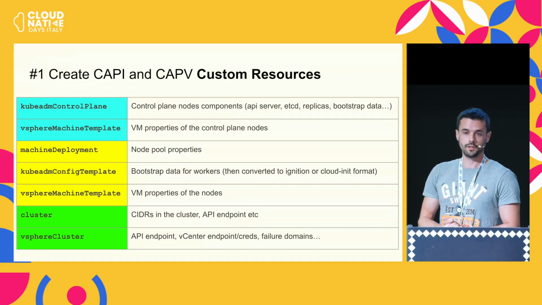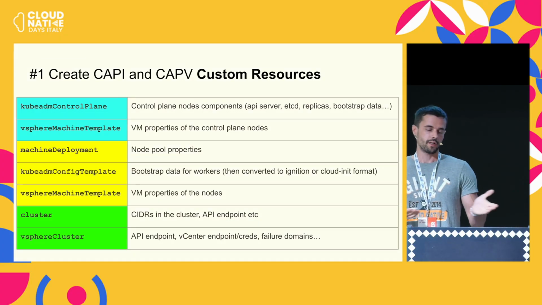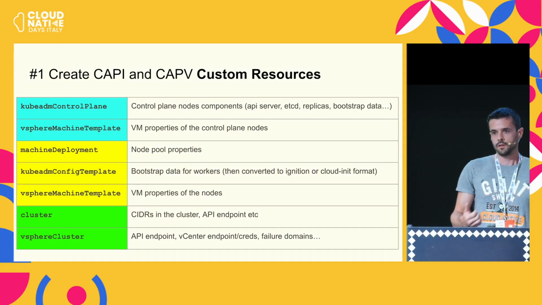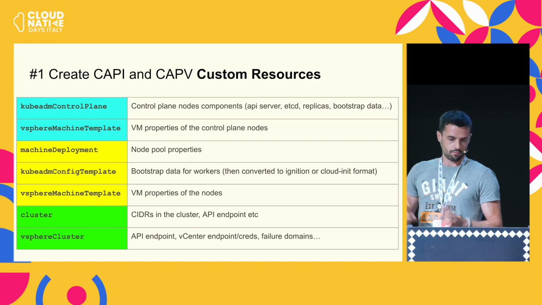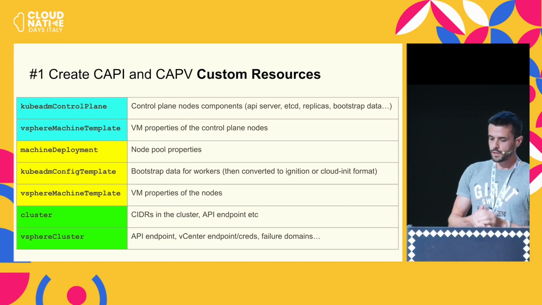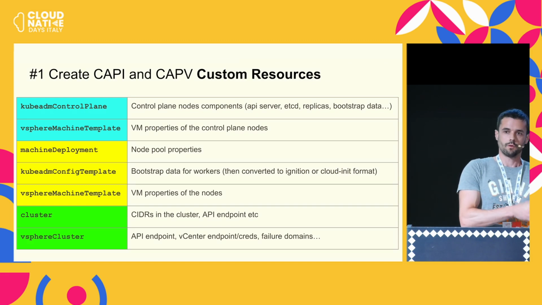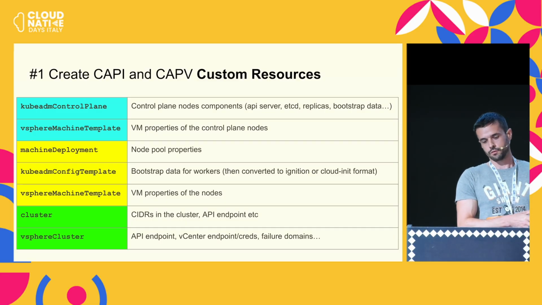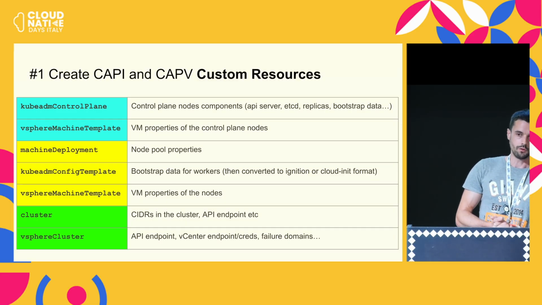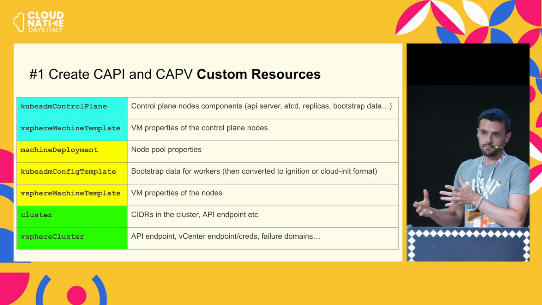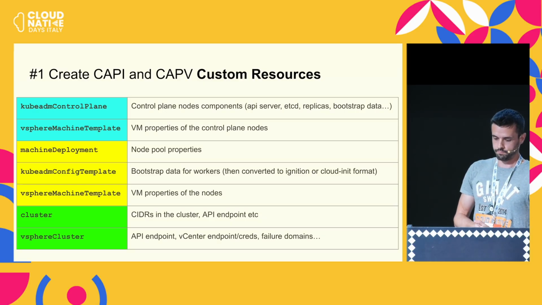Then we have an infra machine template. In this case, it's called vSphere machine template, but it could be OpenStack, AWS, Azure, anything that you want. This will define what the VMs backing the Kubernetes nodes should look like: CPU, memory, basically the VMware specific stuff.